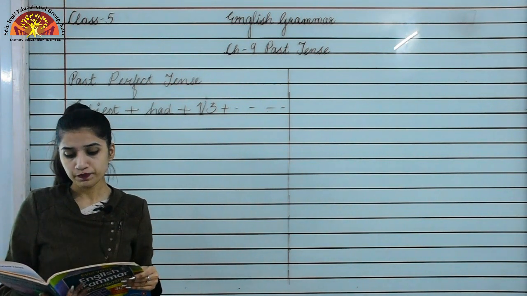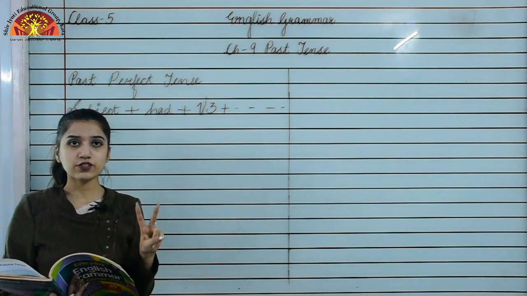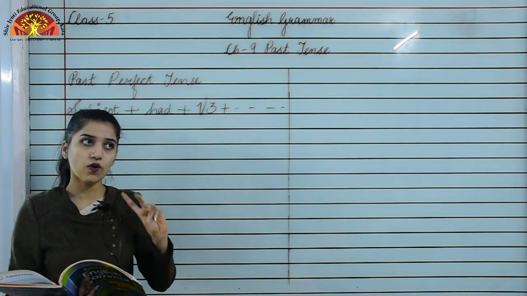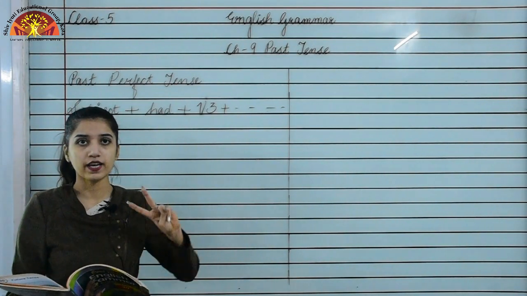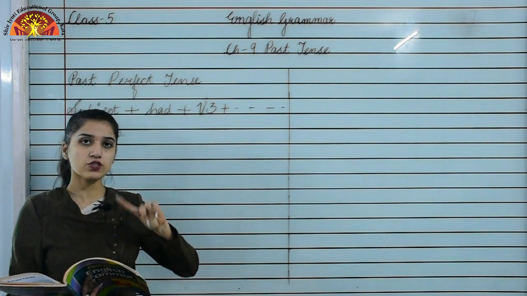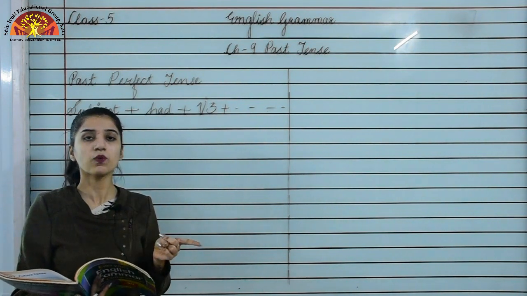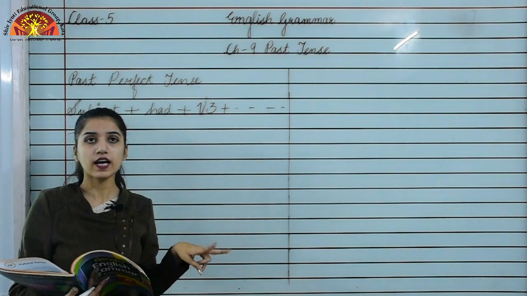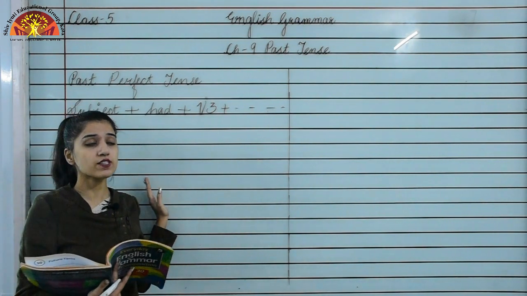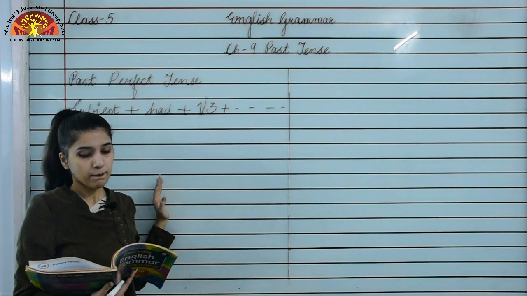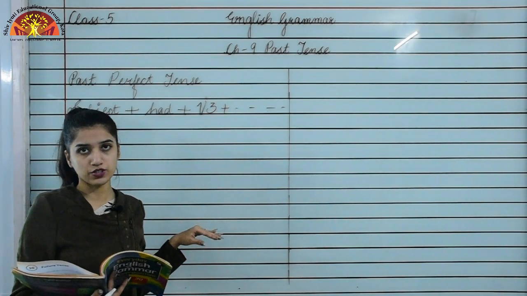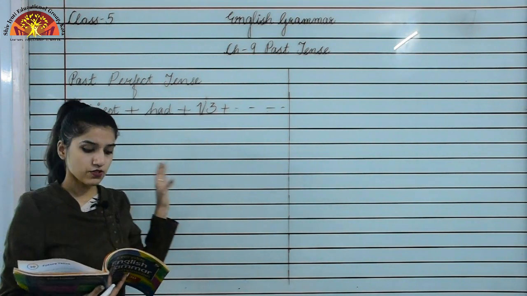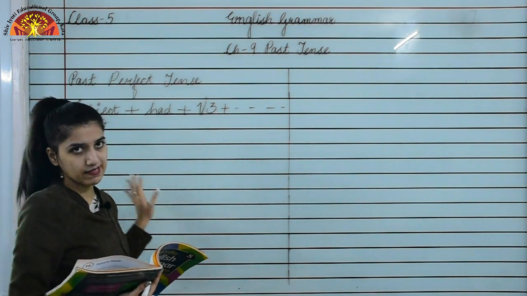So of the two past actions, for the action that happened earlier we will be using the past perfect tense, and for the other action that also took place in the past, but after that action, that will come in the simple past tense. So you will understand it by seeing the example.